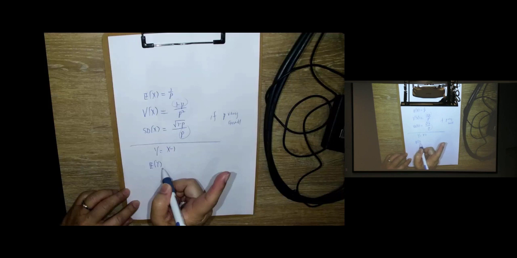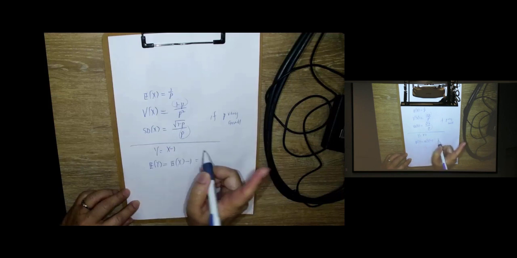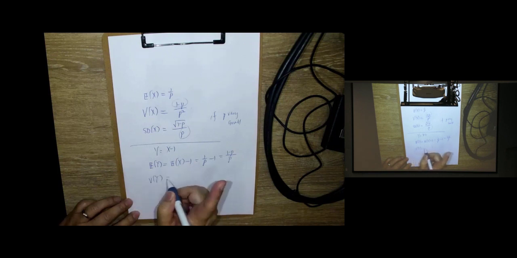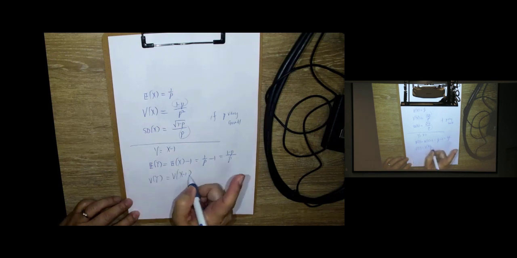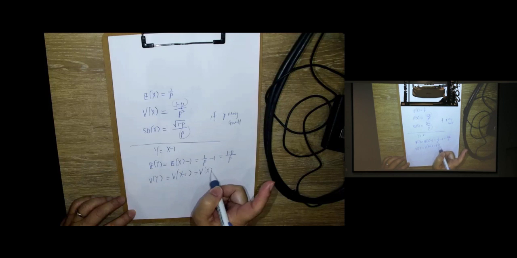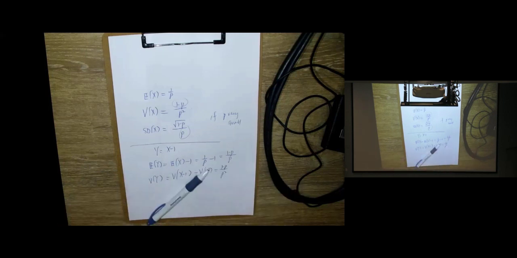So your expectation of y would be just expectation of x minus 1, so this is 1 over p minus 1. So you have this. And then the variance of y is the variance of x minus 1. But you remember that this is just a constant, so translating things will not change the variance. All right. So the slides in your lecture notes 611 can be derived from the previous slides. All right.